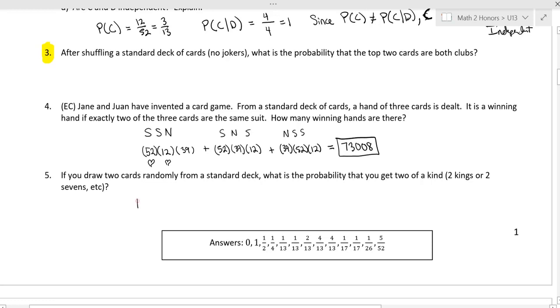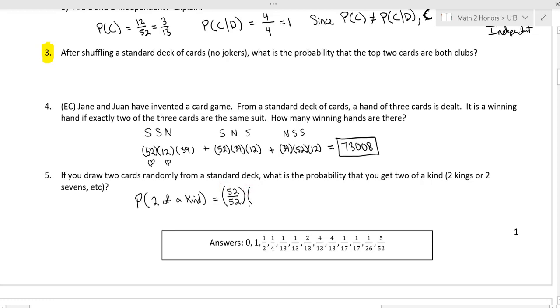So it's the probability of whatever you pick first, a 2 of a kind. And it really doesn't matter what the first pick is. So you have 52 cards to pick from, out of 52 cards, it doesn't matter what that first pick is.